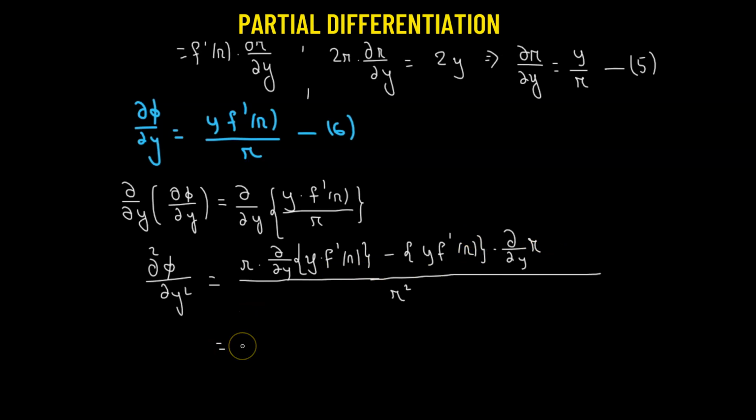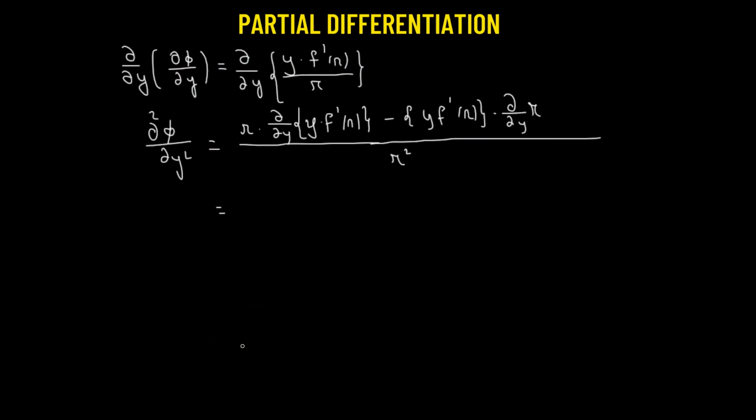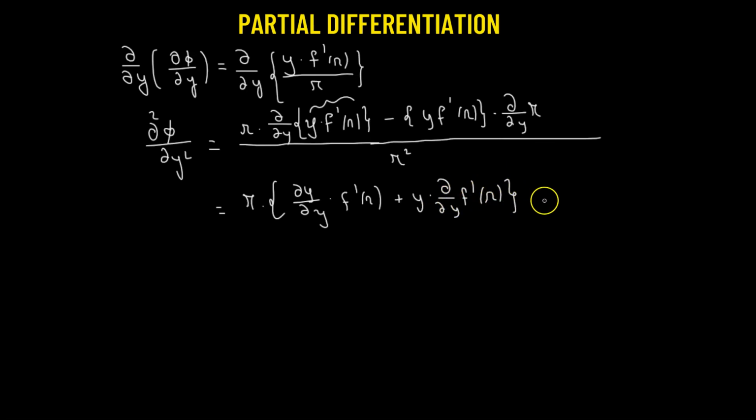This will give us r multiplied by, so here we'll use the product rule. That gives us the partial of y with respect to y multiplied by f prime of r plus y times the partial with respect to y of f prime r, minus y times f prime of r multiplied by the partial of r with respect to y.